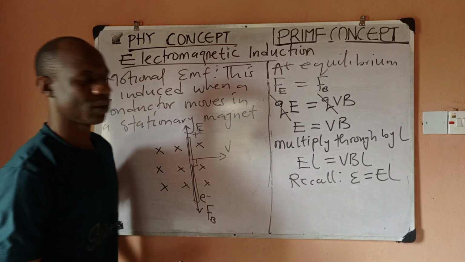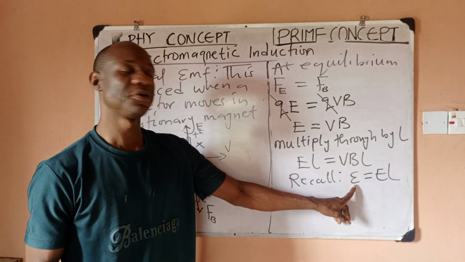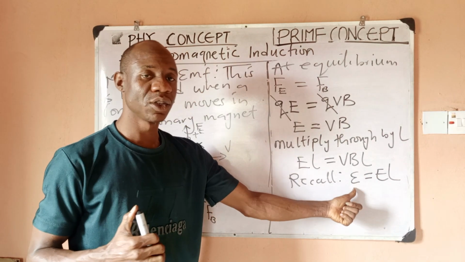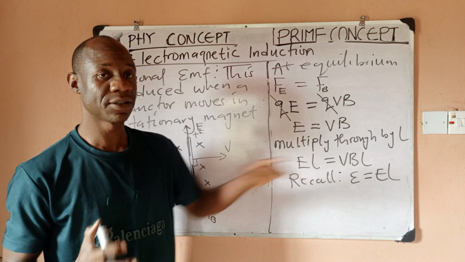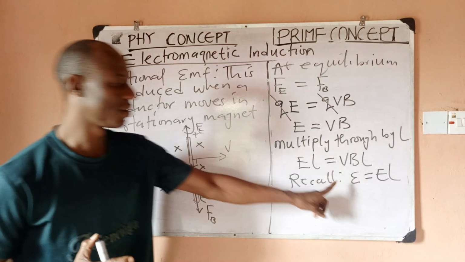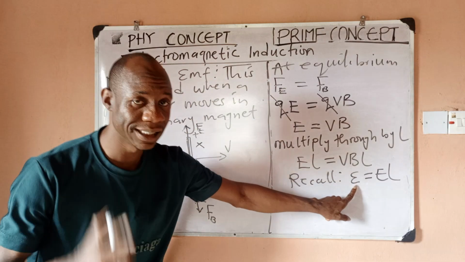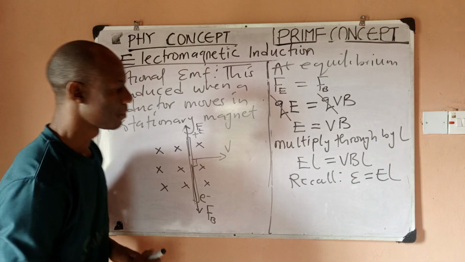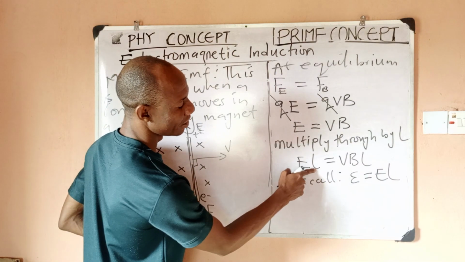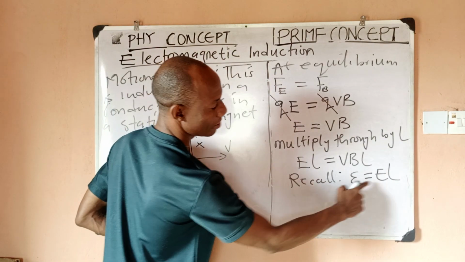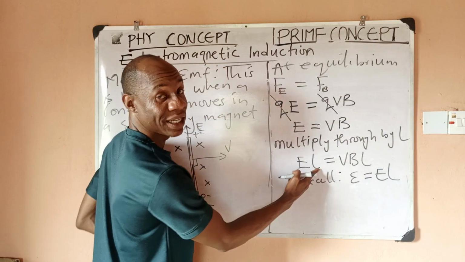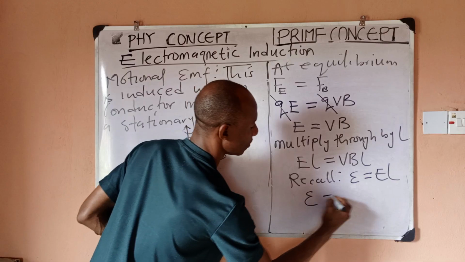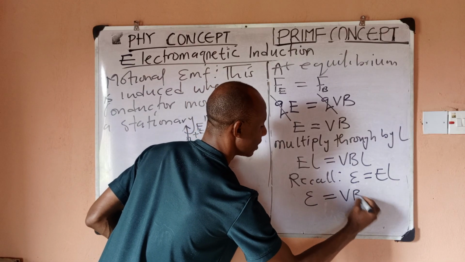We called this V in that particular video, but I'm not using V here because I already have V as velocity. So take note that we are using this as EMF or voltage, so I can quickly replace this. Since EMF is EL, I can replace it with EMF, and I would have that the EMF becomes VBL.